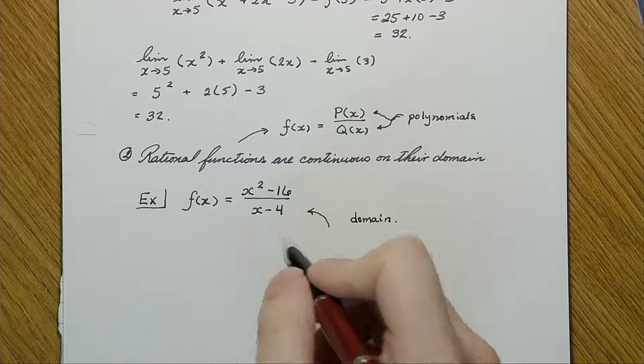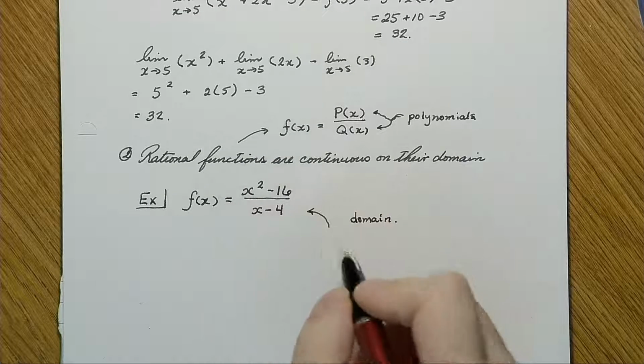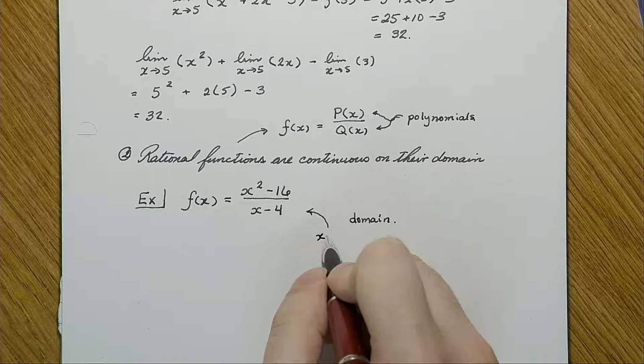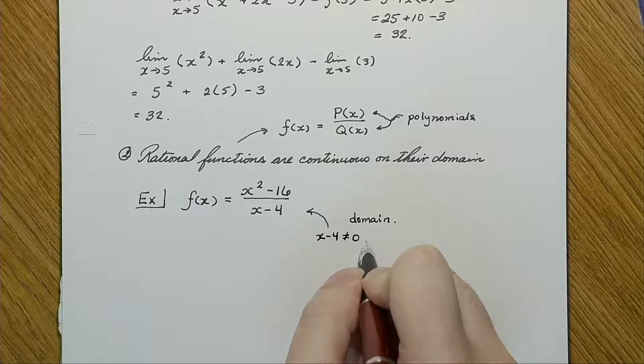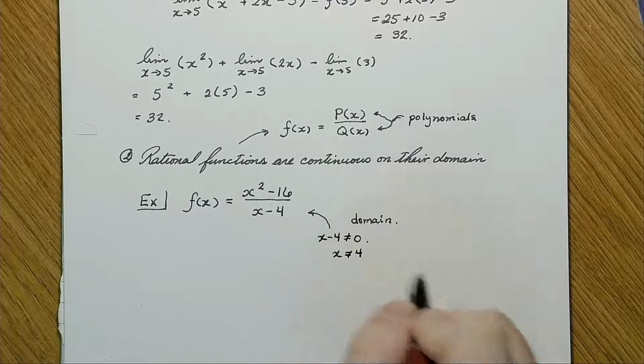And the domain is wherever this makes sense. This is defined. So that means that this bottom here cannot equal 0. So we have x minus 4 cannot equal 0, which means that x cannot equal 4.